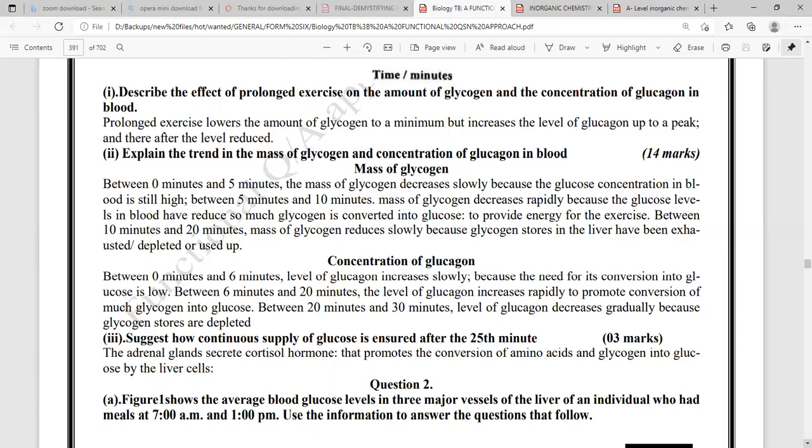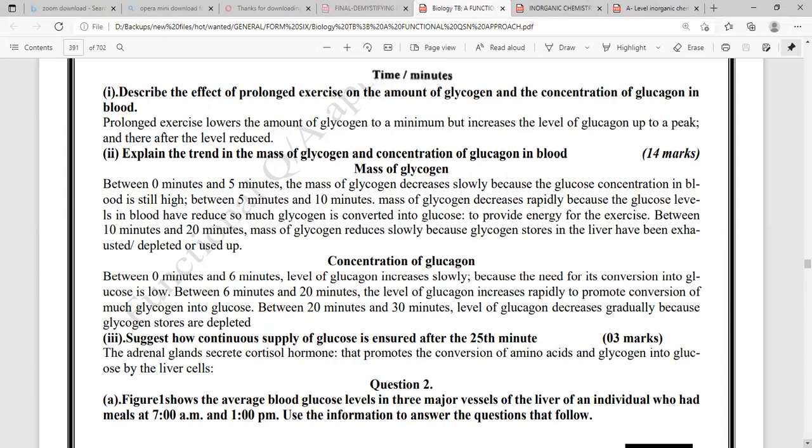If they say describe the changes that are taking place, describe the trend in the mass and the concentration of glucagon in blood, then you are required to give a description where you give a range from the horizontal axis, and then you give the description from the vertical axis. So we begin our description.